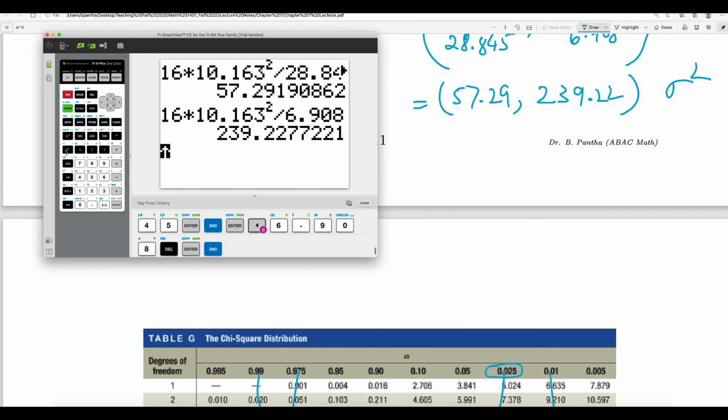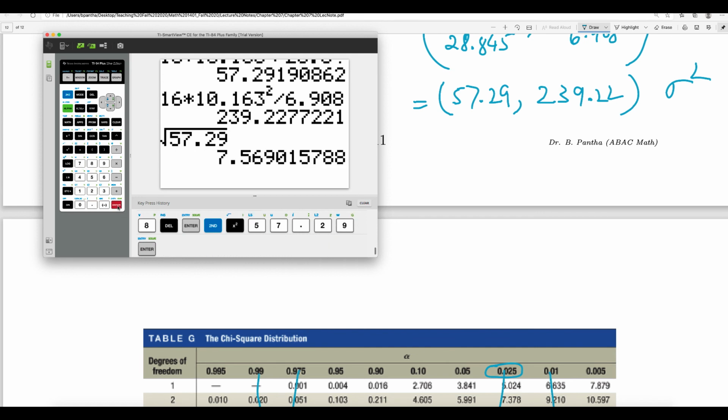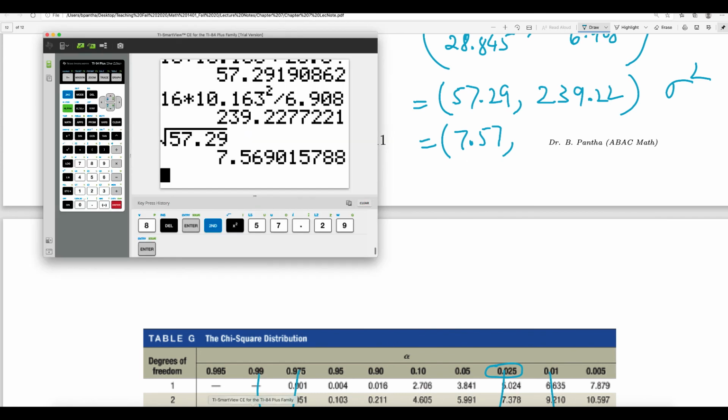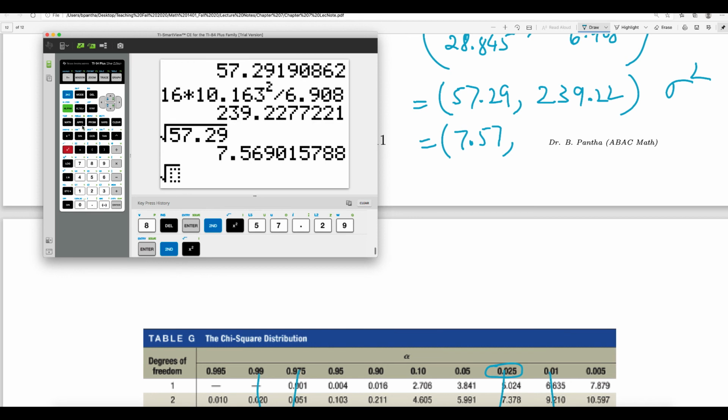So the square root of 57.29 gives you 7.57. That is the lower bound, and the upper bound will be the square root of 239.22.